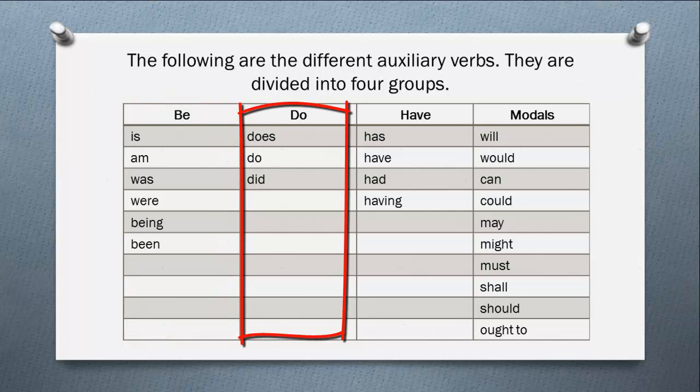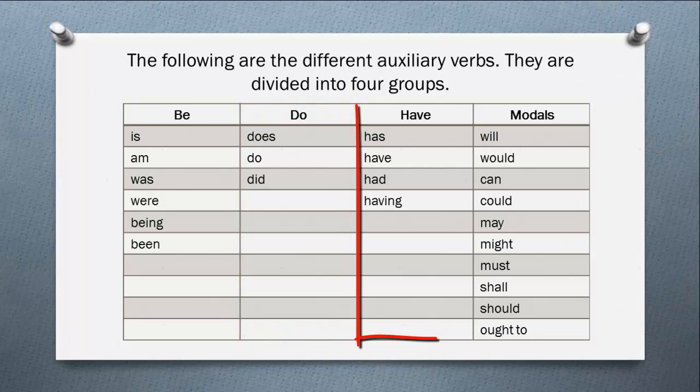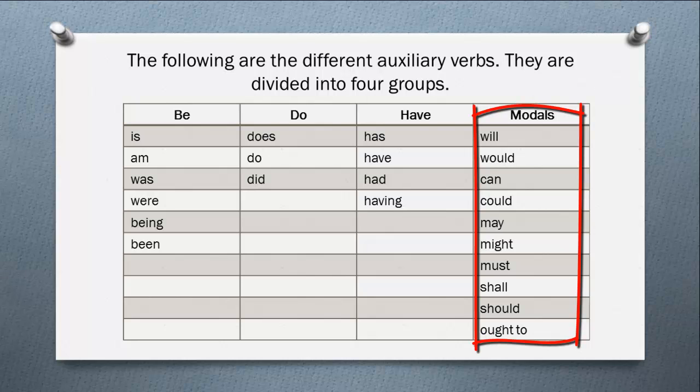For the do verbs, we have does, do, and did. Have verbs: has, have, had, and having. And for the modals, we have will, would, can, could, may, might, must, shall, should, and ought to.